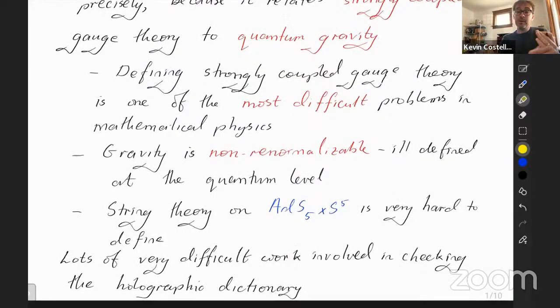So, of course, people have done lots of checks, and there are very heroic, extremely difficult computations on both sides. So it's very plausible that this works. What I'm going to talk about today is a subsector of all of this, where both sides are really easy to understand, and you can really get your hands on things and check things concretely.